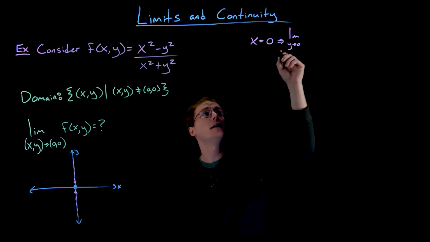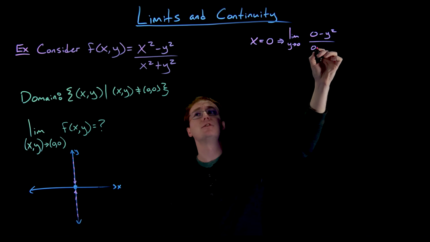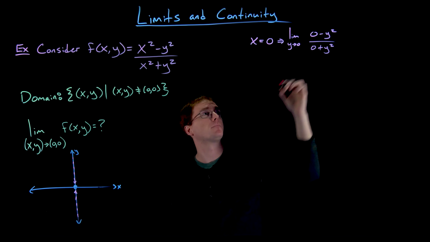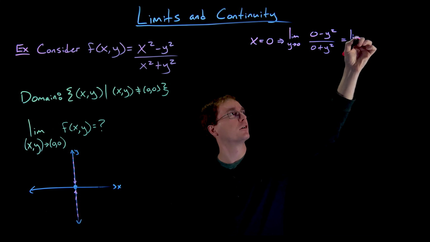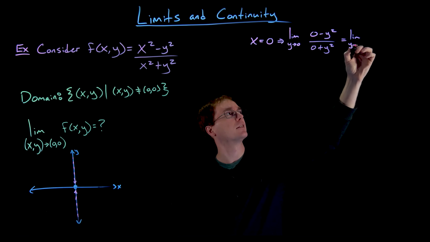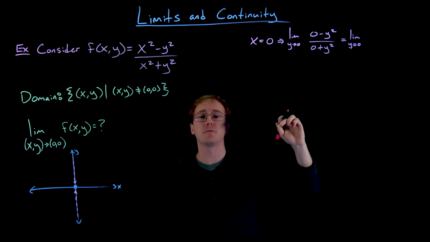So this is going to be the limit as y approaches 0 of 0 minus y squared over 0 plus y squared. And so, before we take the limit, we can simplify the fraction and write this as the limit as y approaches 0 of negative y squared over positive y squared.